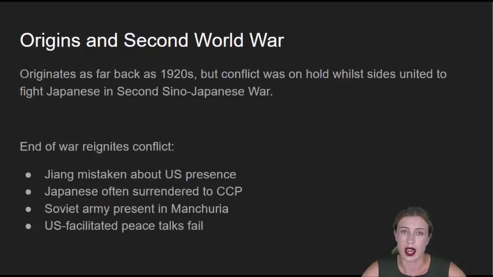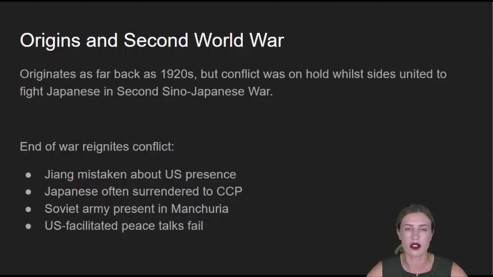Of course, their united effort was very successful. They managed, in combination with the US, to defeat the Japanese and remove the foreign invaders from their country. But all along, both sides always had one eye on who was going to take back control after that conflict ceased. So Jiang Jieshi expected that the final US attack on Japan would actually be mounted from within China.